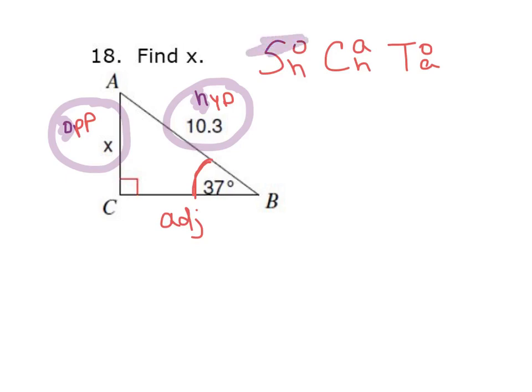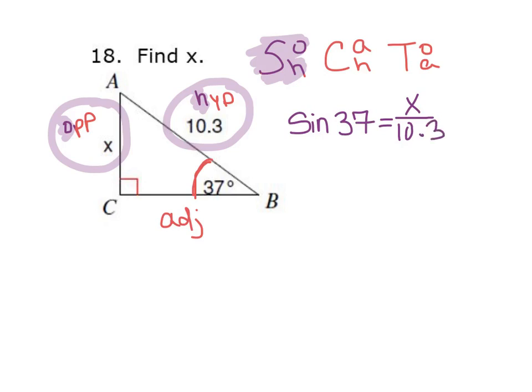This gives us our sine trig function. So we set it up. Sine of our angle of 37 degrees is going to be equal to our opposite, which is x, divided by our hypotenuse, which is 10.3.